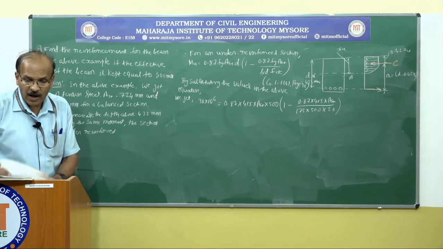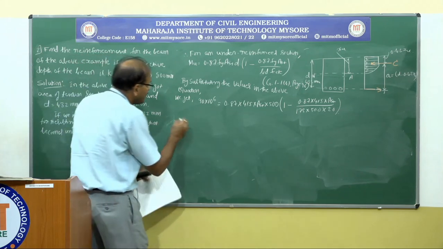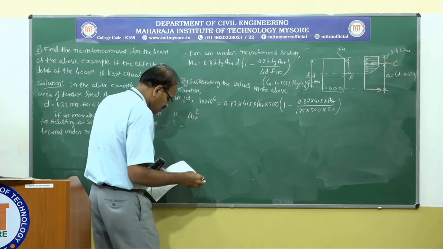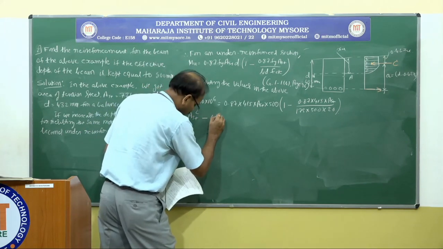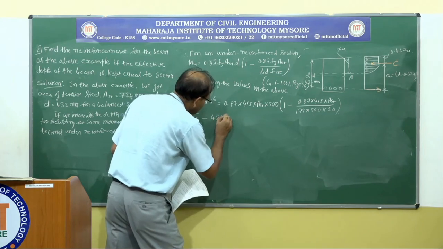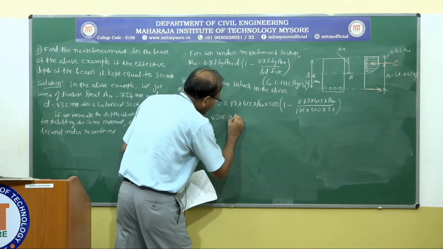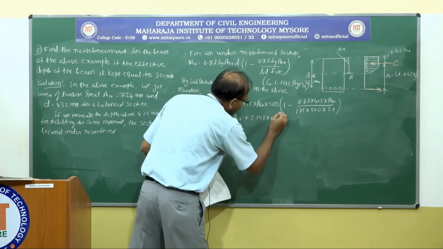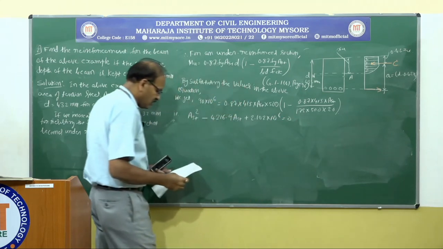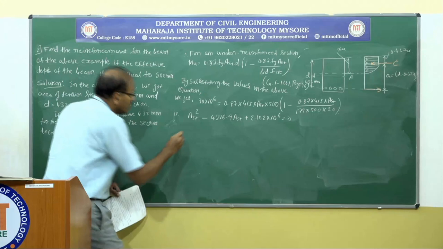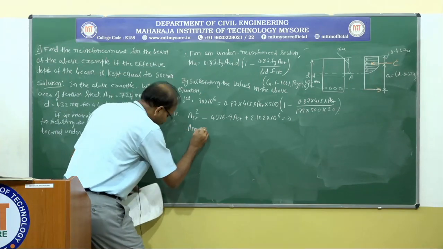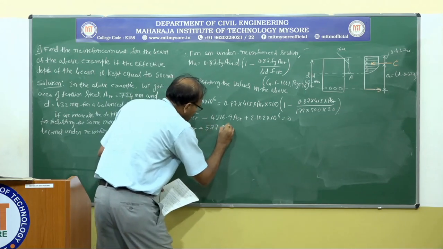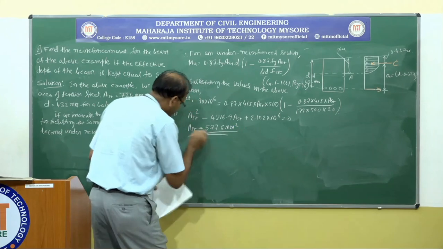Next, after simplification, we are going to get AST square minus 4216.9 AST plus 2.102 into 10 to the power of 6, that is equal to 0. So therefore, AST equal to 577.6 millimeter square.